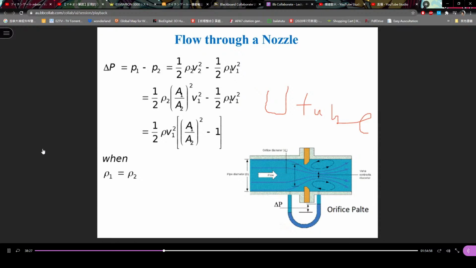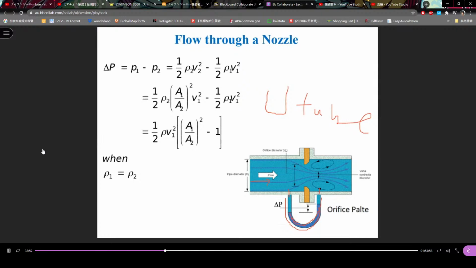Say we simply drill a hole here, another hole here, then connect a U-tube. In the U-tube, there is another liquid. Usually it's heavier than the measured fluid. If the fluid is water, then usually we use mercury.